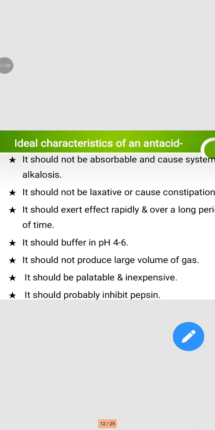It should be palatable and inexpensive. It should also inhibit pepsin. In the stomach, pepsin is secreted, but a good antacid probably inhibits the pepsin.